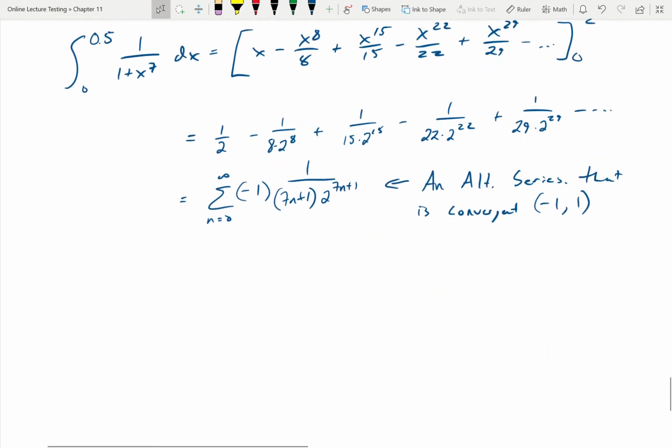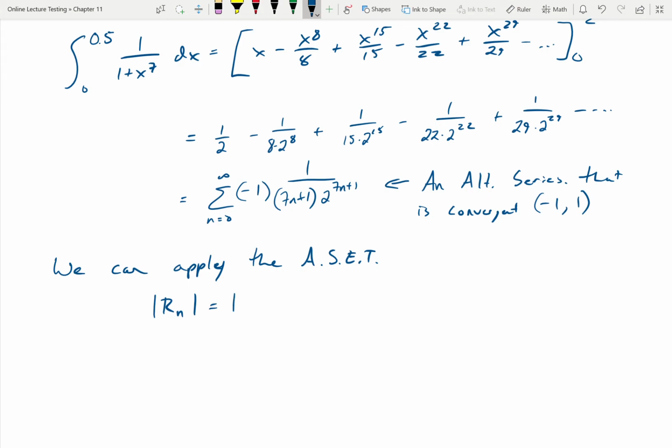So since I know this is a convergent alternating series, we can apply the alternating series estimation theorem. Notice why I'm saying that we can use approximations here. It states that the remainder, s minus s sub n, is less than or equal to b sub n plus 1. We want this to be within 10 to the negative 7th, which is equal to 1 over a bunch of zeros.